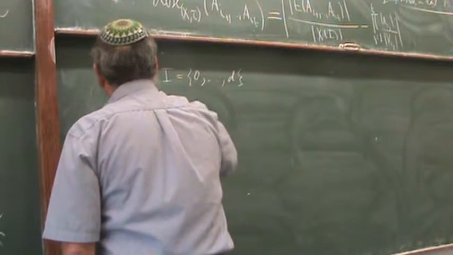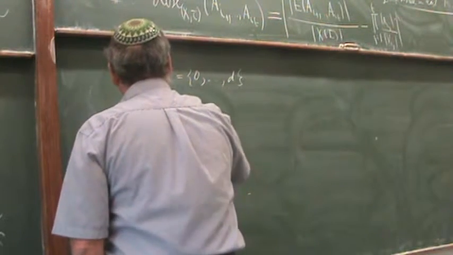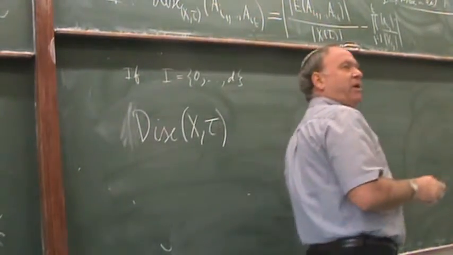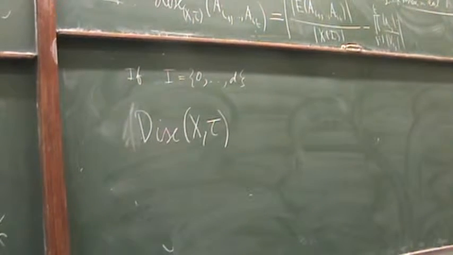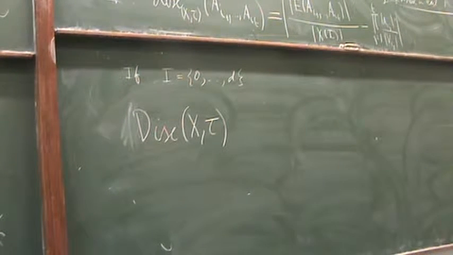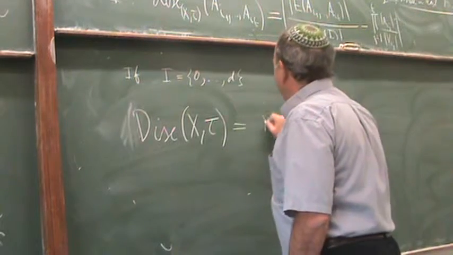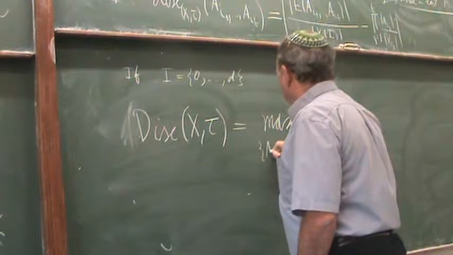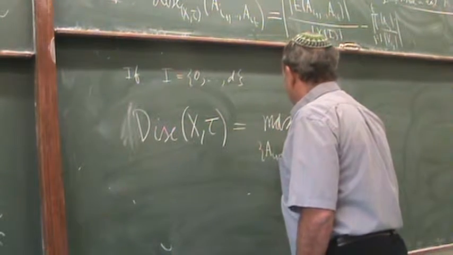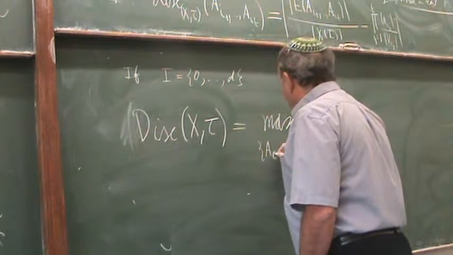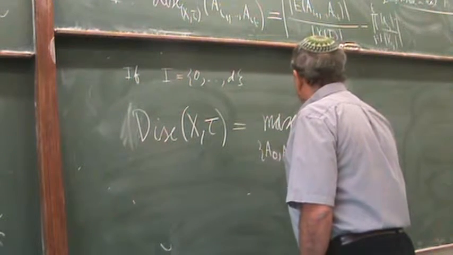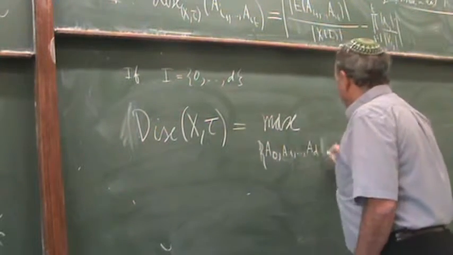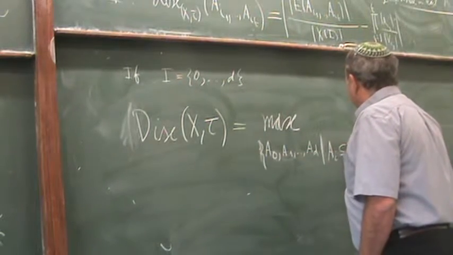Now maybe I'll just write it. Discrepancy with capital D, the discrepancy of X star, of the complex, will be just one number. It will be the maximum over all possibilities of A0, A1, up to Ad, such that Ai is inside Vi.